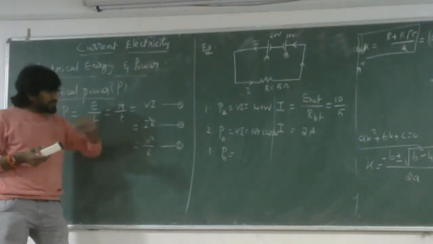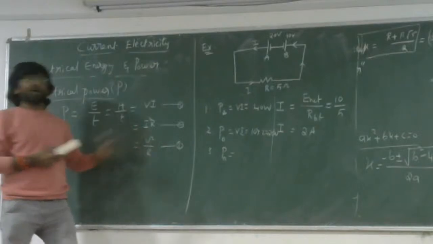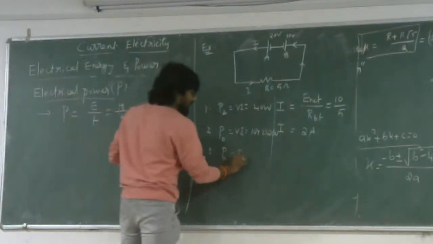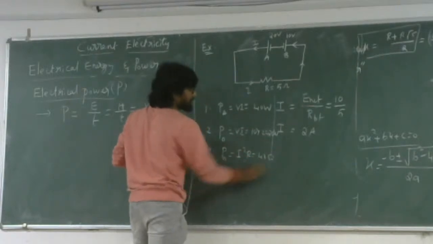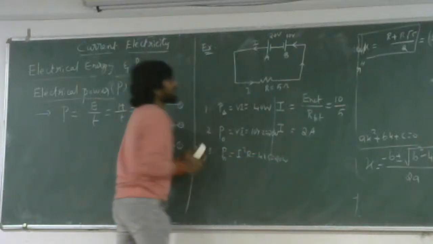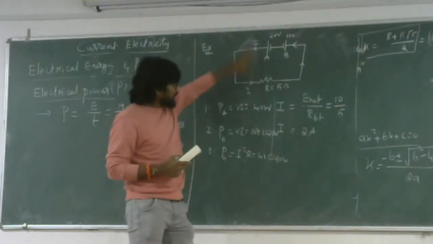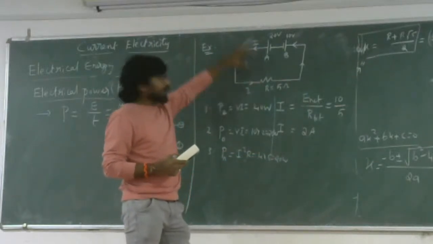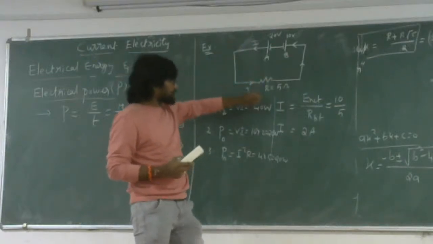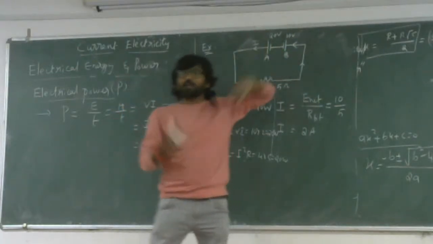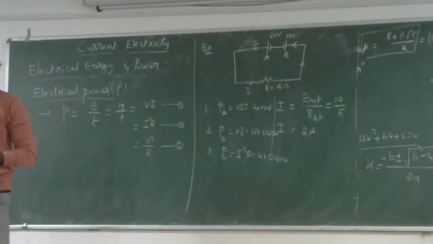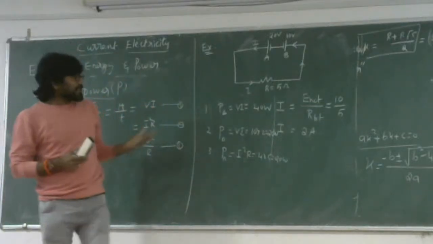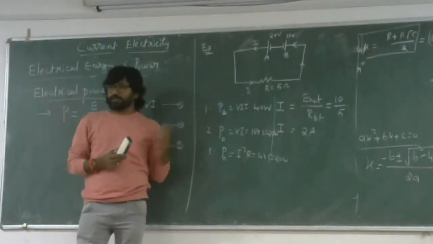In terms of current and resistance, the power is I square R. What is I? 2. 2 square is 4, into R is 5. How much is this? 20. So it is generating 40 watts of power. Out of this, 20 watts is consumed by the cell, and the remaining 20 watts is consumed by the resistor. So it is balanced. Is it clear, everyone? This kind of question will come based on this.